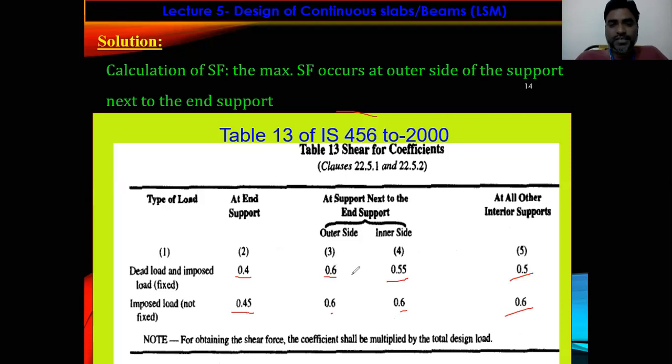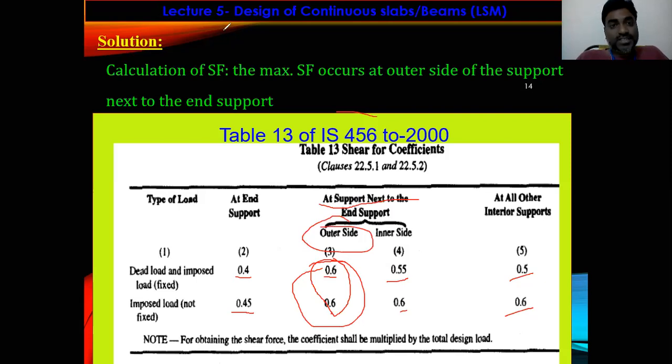So tell me where you will get the maximum shear force. Obviously, where the factors are higher. Compared to all values, the factors are higher only in this case, right? Therefore, you will get the maximum shear force at the support next to the end support on the outer side.